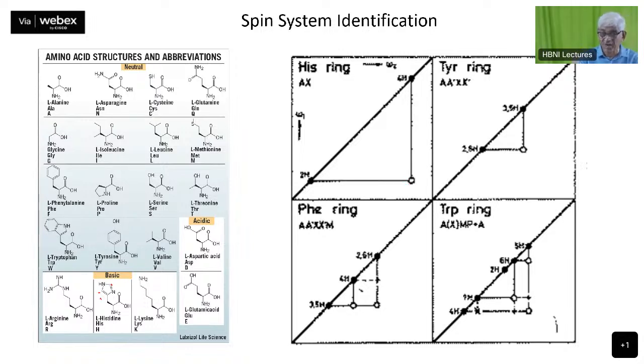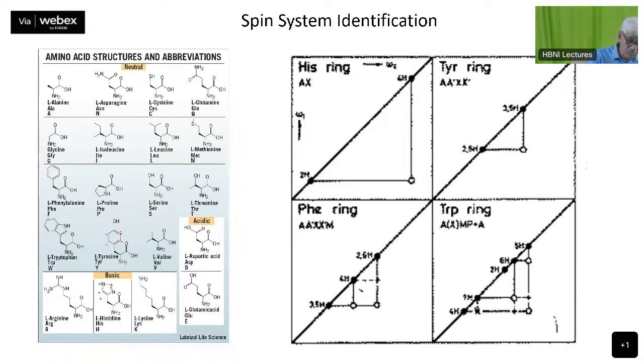This is in the aromatic ones. What are the things that are present in the side chain rings? It is only in the side chain rings. Histidine ring, there are two protons that show two peaks. Go to tyrosine, and where is tyrosine? Tyrosine is here. So there is a proton here, a proton there. We are not talking about the H beta at this moment. Then you have this one and this one.